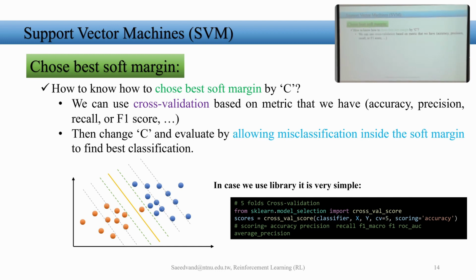Then each time I apply cross-validation with, for example, k-fold, 5-fold cross-validation. Then I evaluate, for example, the F1 score. For this margin size the model gives me some value, and for this one it also gives me some value. I can try it many times, and with cross-validation, choose the best one.